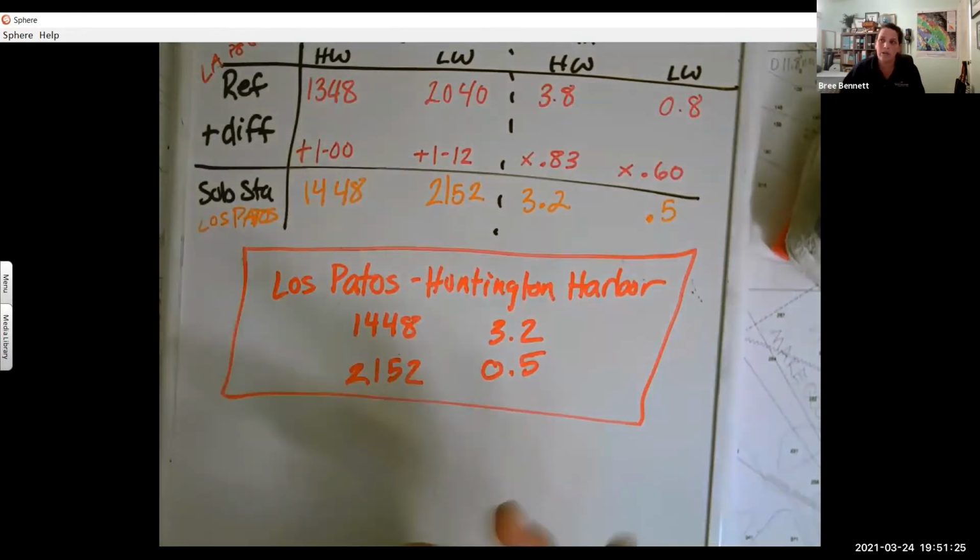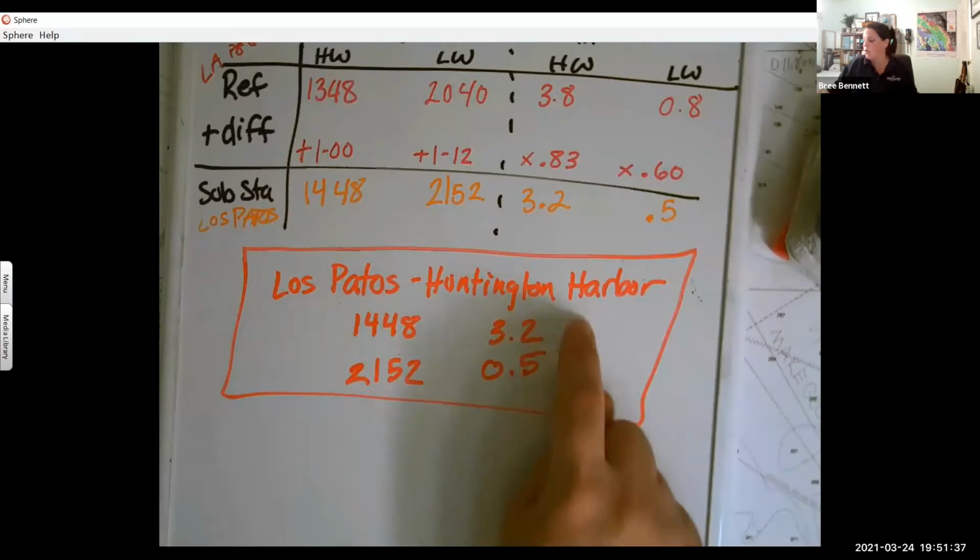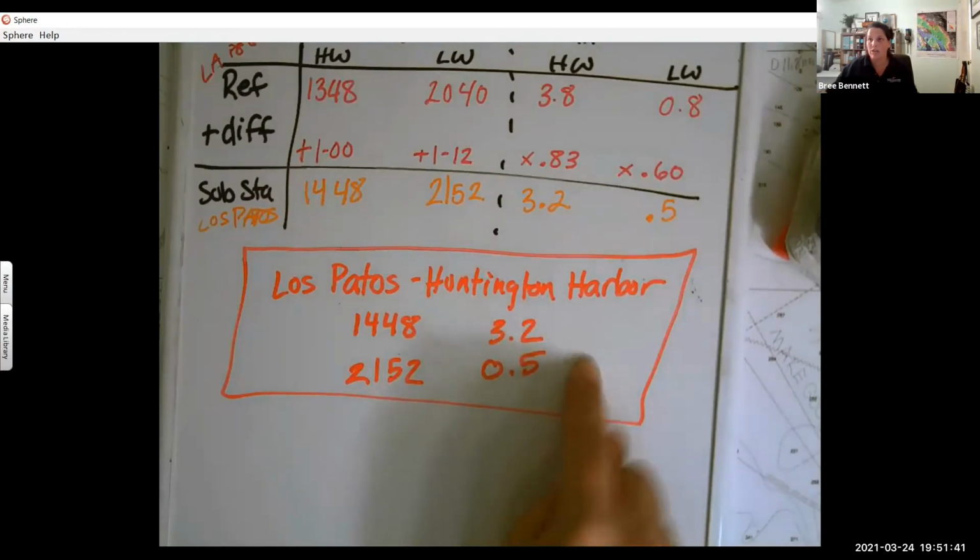But if you're using one of those tide programs or apps, you can just plug in what's the tide at Huntington Harbor, and it will already give you this tidal correction. It's already doing that math for you.